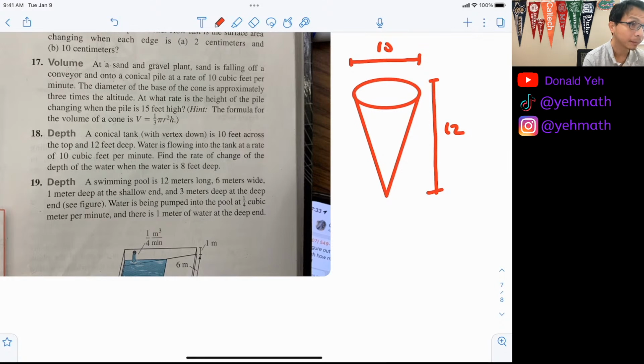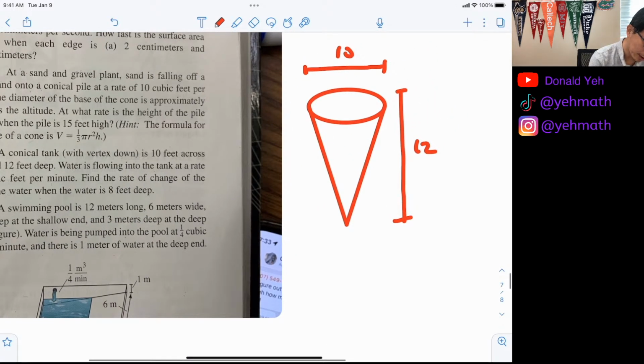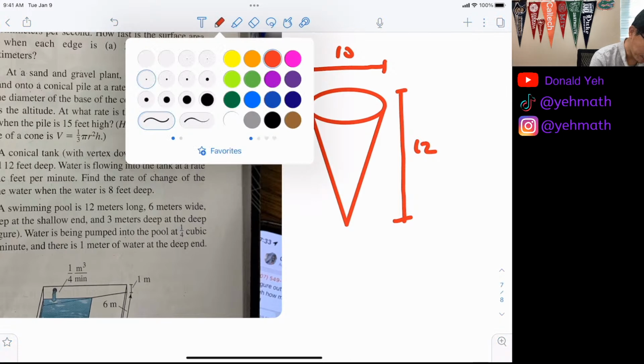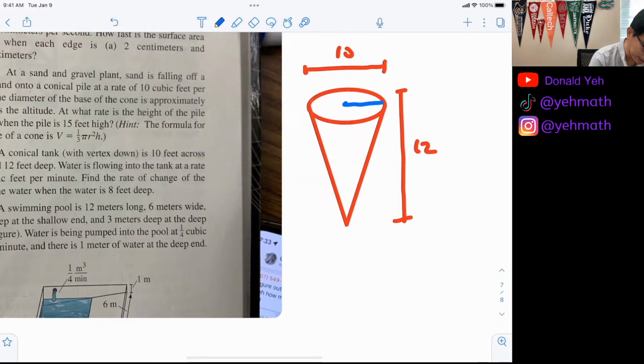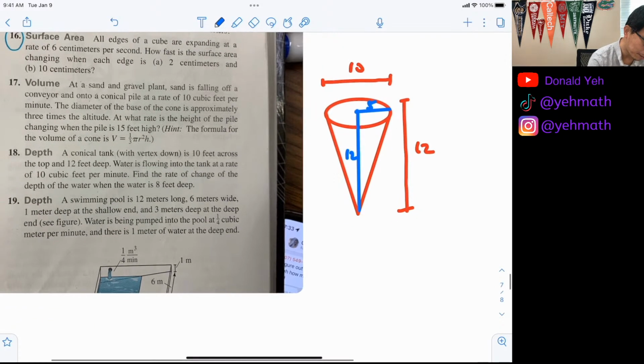Any questions here? Isn't the radius half? Yeah, you can do radius. And that's good that Devin pointed out the radius from here to here is 5, and here to here is 12. Now water is being pumped in, so there's a water drip inside here.